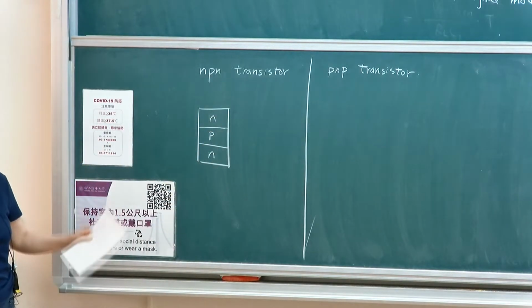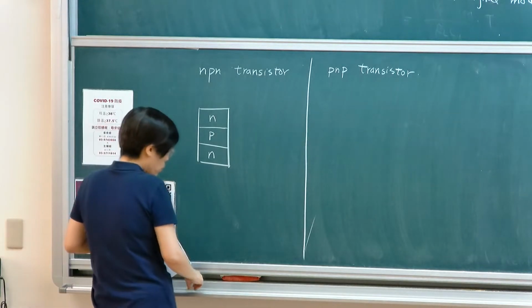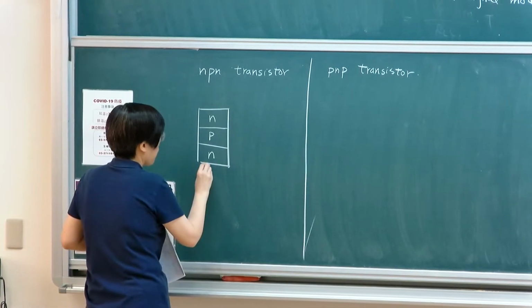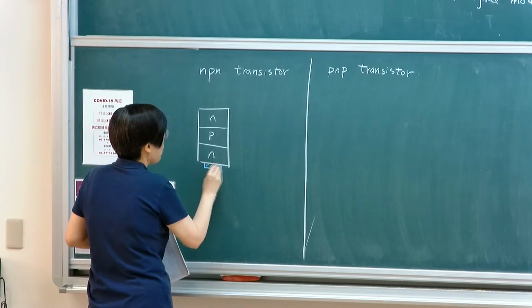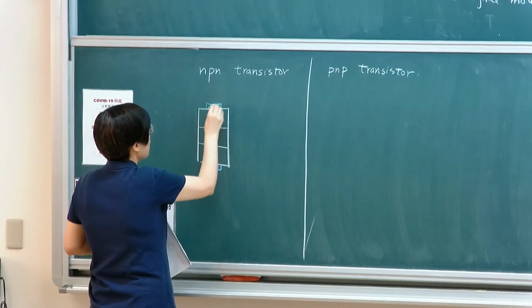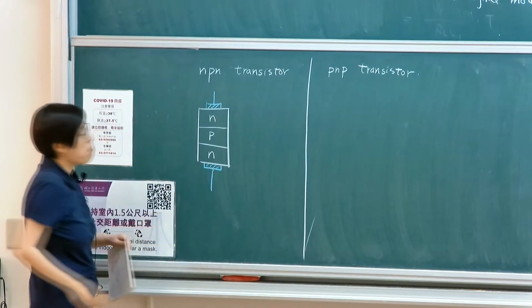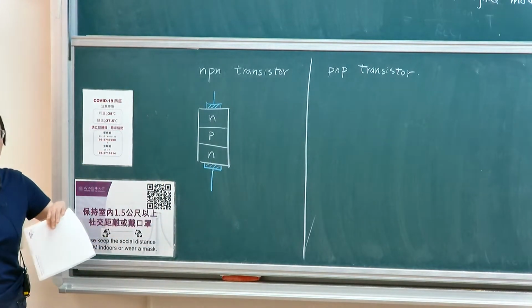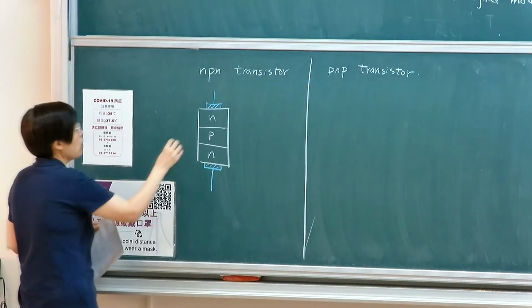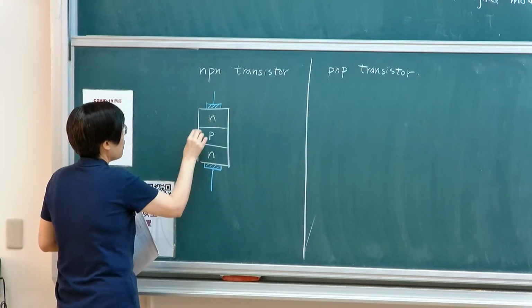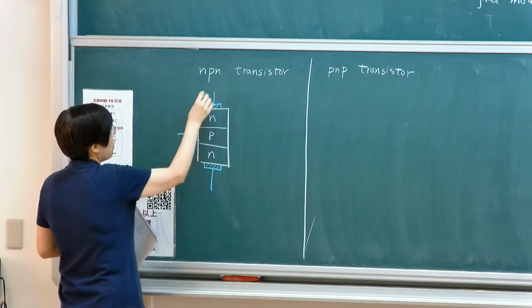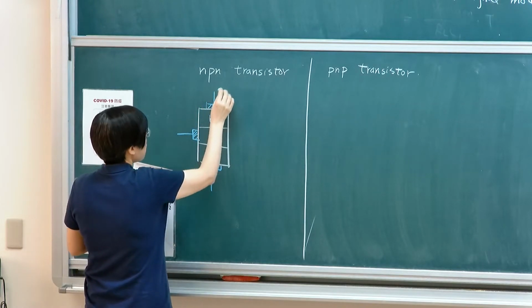If I plot it over, there will be three terminals for controlling. Each of these areas is connected out by a metal. The blue will represent the metal, which allows us to make a contact into this particular region. So I actually have three contacts to the regions. There's this collector.